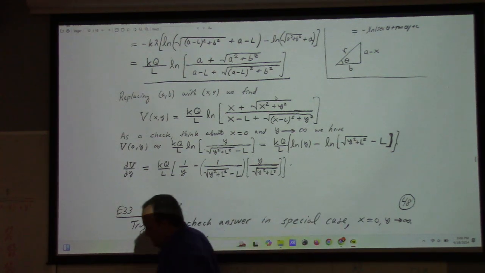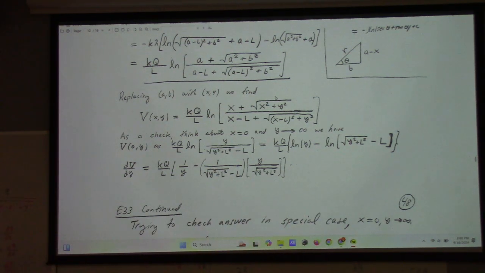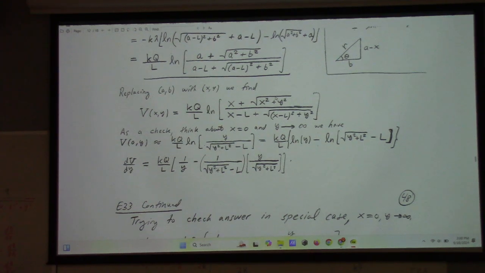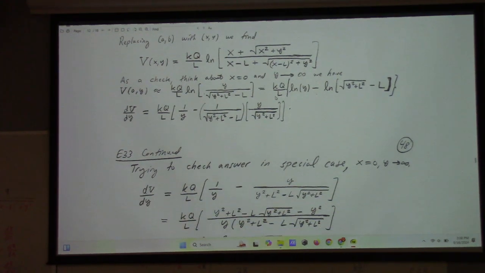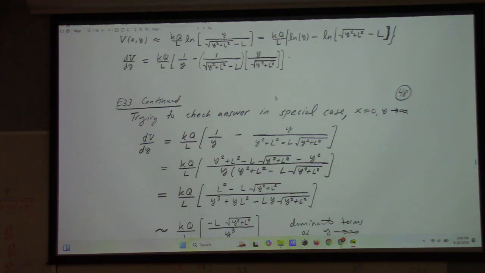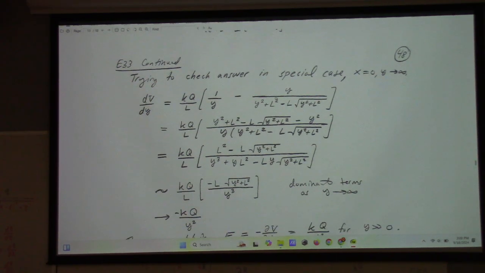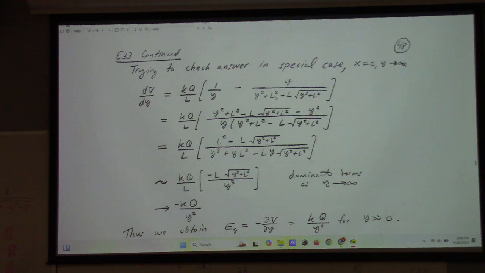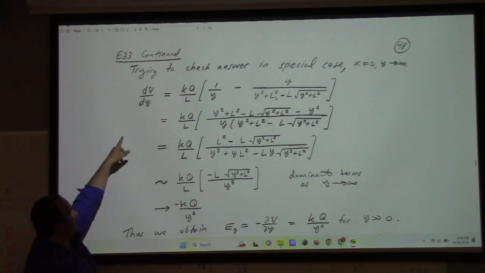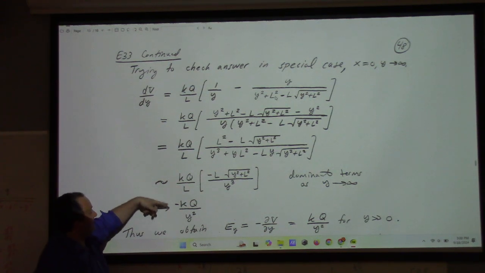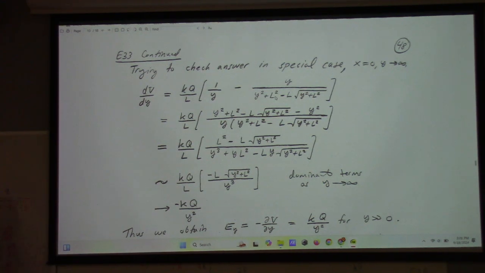And then I'll continue on the next page. Basically, this whole calculation is to show you that, in fact, if we look at the long distance limit here, after some non-trivial calculus, we end up with minus kq over y squared, which is what we expect. It's the Coulomb field. Woohoo! I differentiated with respect to y, so that gives me the gradient in that direction.